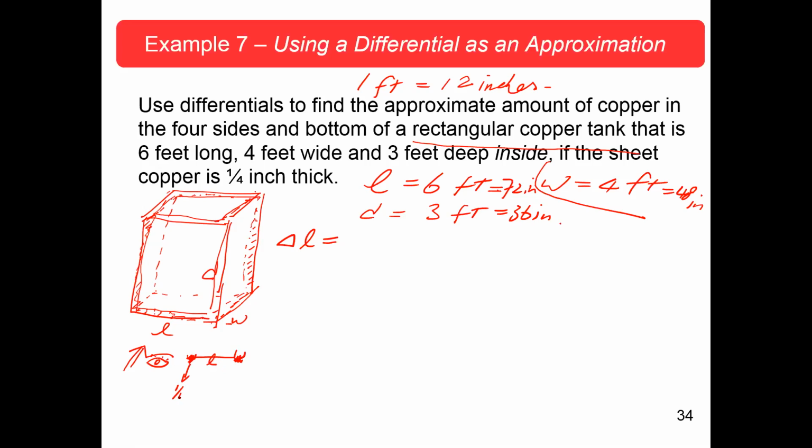Here is 1/4 inch thick of copper, and here is also 1/4 inch thick of copper. So delta L is 2 times 1/4, so 1/4 plus 1/4, which is 1/2 inch. The change of length is 1/2 inch.